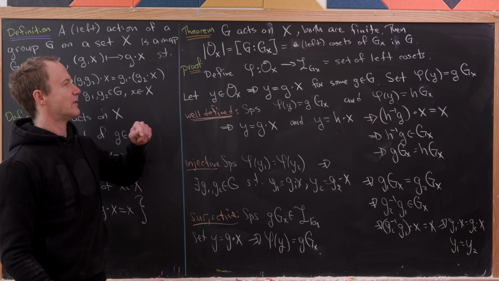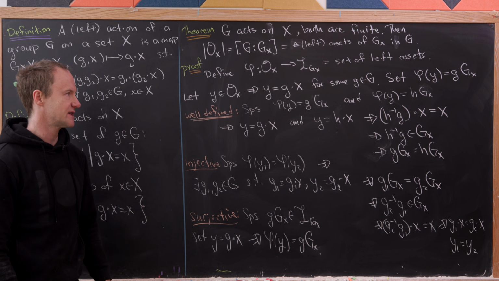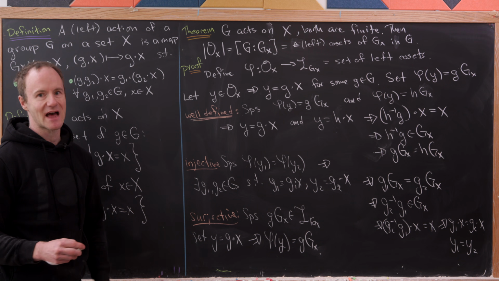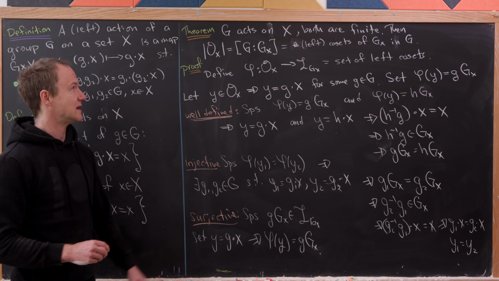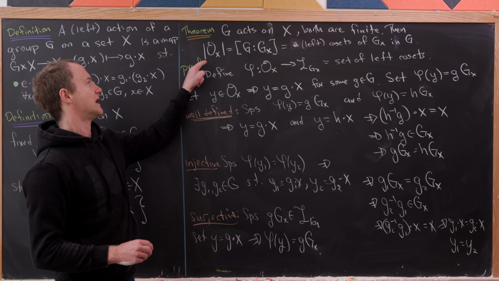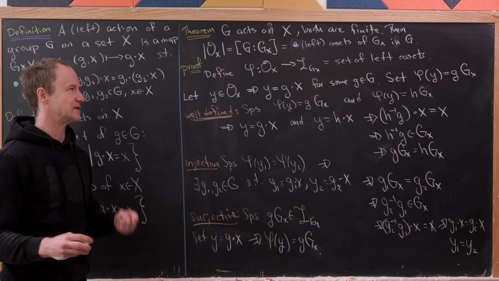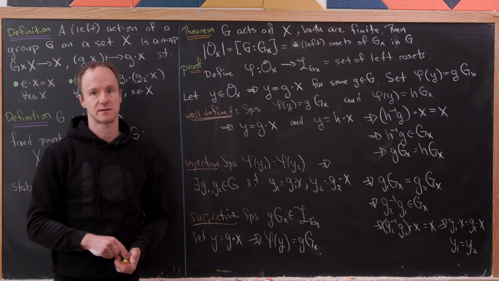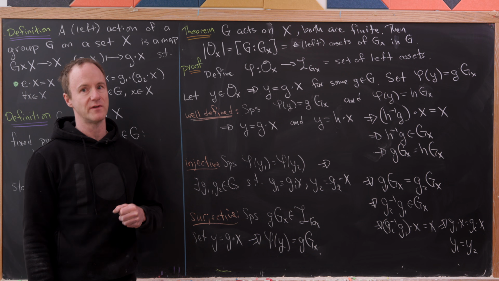Okay, so anyway, now we've got a bijection from O_x to the set of left cosets, but that means that those two things have the same cardinality. But that means that this cardinality of O_x is the index, because the index is defined to be the number of left cosets.